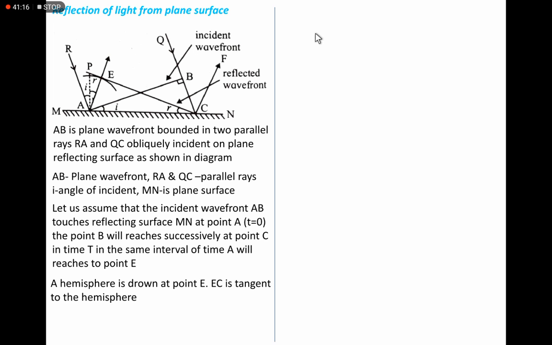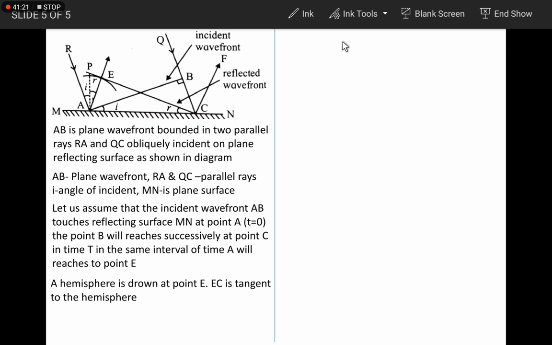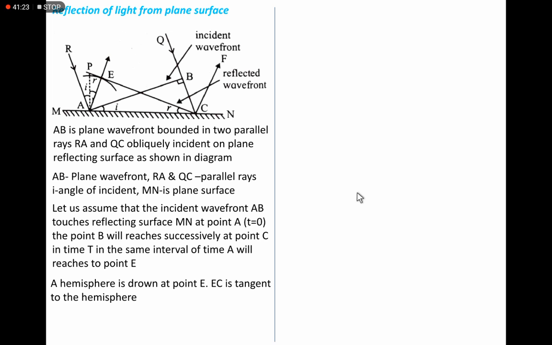Now, how to explain it? It is very simple. Now we have two triangles. One is AEC and another triangle is ABC. These are the two triangles, and AC is the common side.